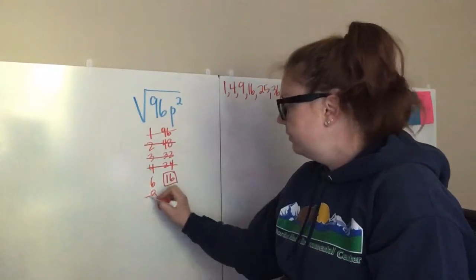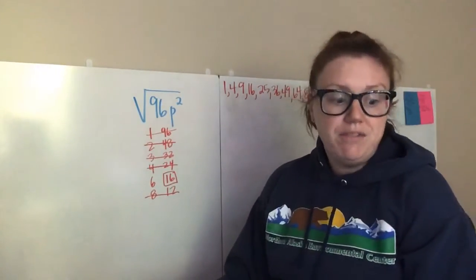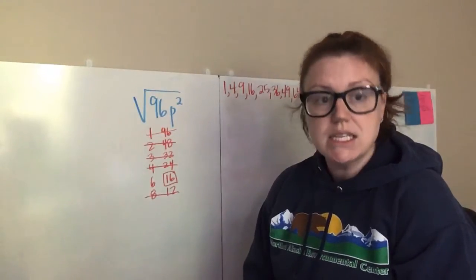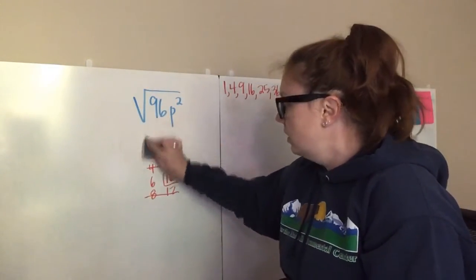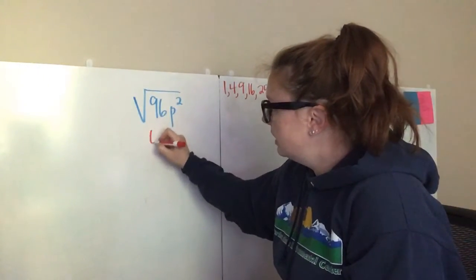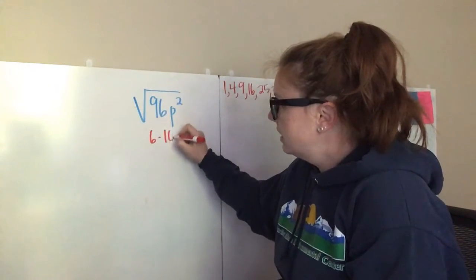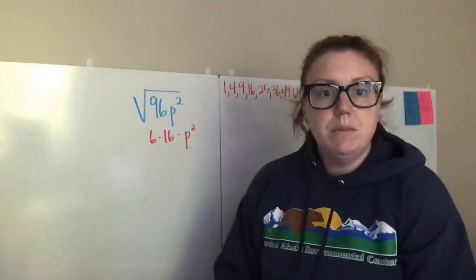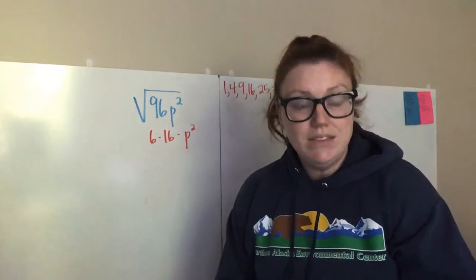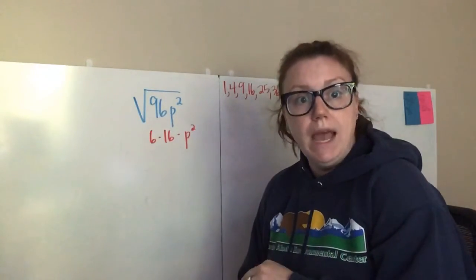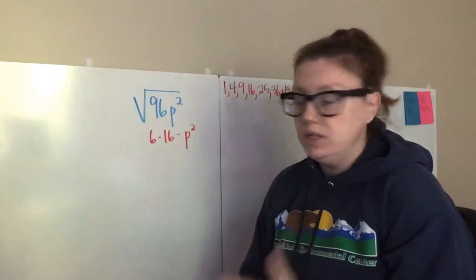And then 8 and 12. So my factors that I am going to use for 96 are 6 and 16. So I'm going to do 6 times 16 times p squared. And I'm going to leave it p squared because it's an even exponent. And that's what I want. If I had an odd exponent, I'd have to subtract 1 out. But it's an even, and so I'm good to go.